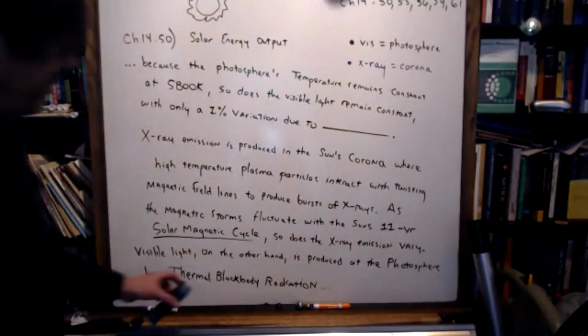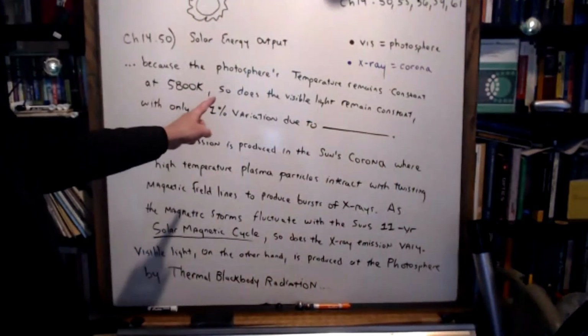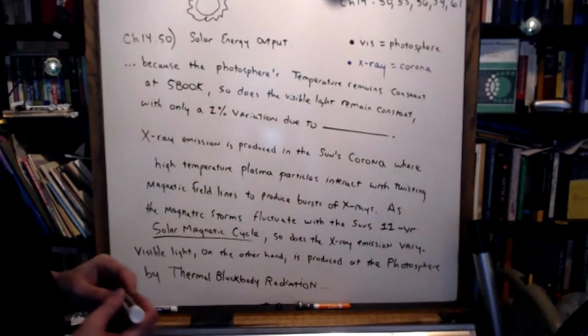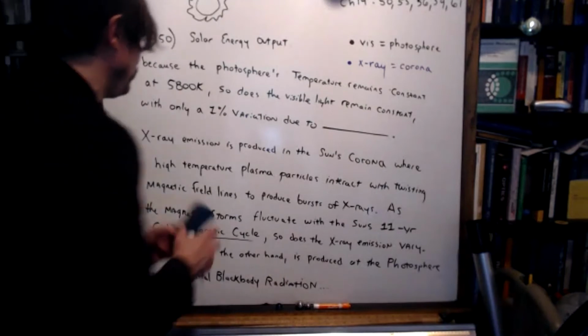My question is, can you fill in the blank? The sun's visible light remains constant with only a 1% variation due to.